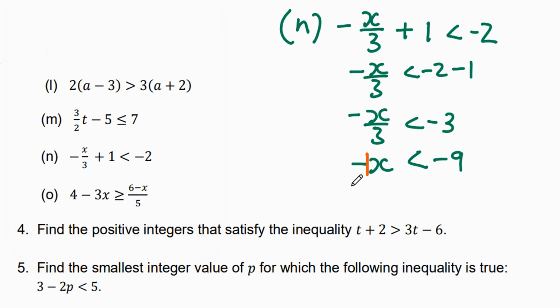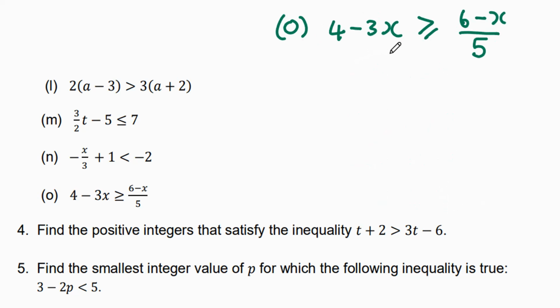So to get rid of the negative 1 here, we divide it into the right-hand side. But then important to note, since we are dividing by a negative, the inequality will switch around. So negative 9 divided by negative 1 is positive 9.